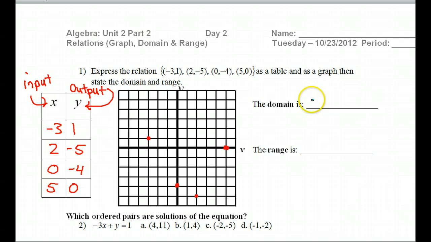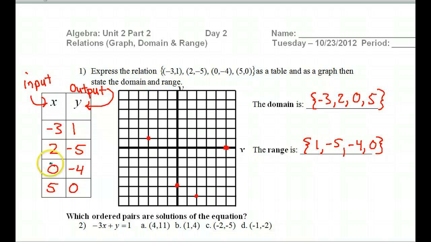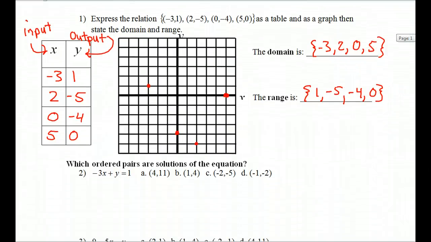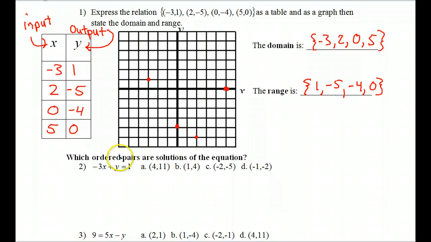So we'll just put negative 3, 2, 0, and 5. The range is all the y values, all the output values. So that will be 1, negative 5, negative 4, and 0. Okay, the domain is easy to read off the table, and so is the range. So far, so good. What else do we have?